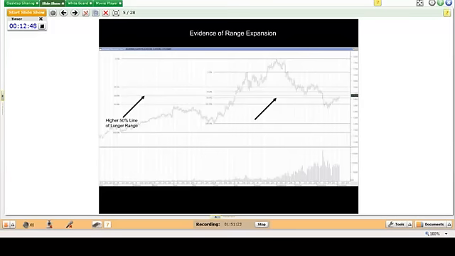But this slide is a daily Swiss franc chart where we see evidence of range expansion by virtue of the fact, if you can notice the arrow on the left side of your screen, the lower 50% line, is the range that I selected.